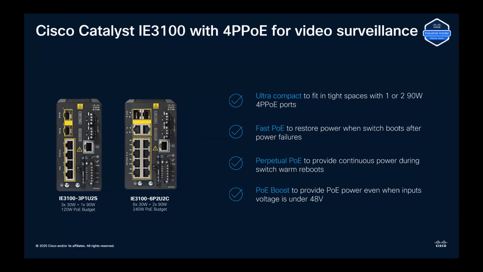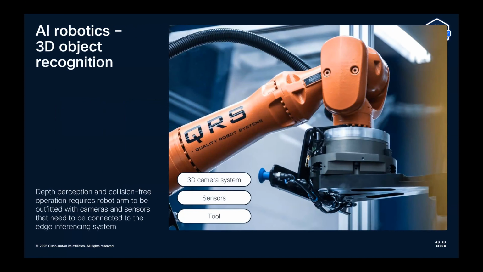This is a way that these switches can provide usable PoE power, even with input voltage as low as 9.6 volt DC, which means that you don't have to reconfigure your electricity, your power layout in order to use PoE.